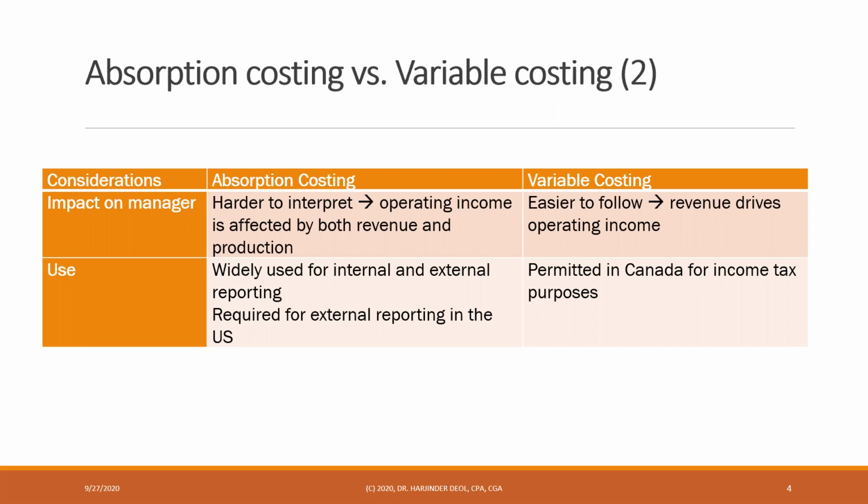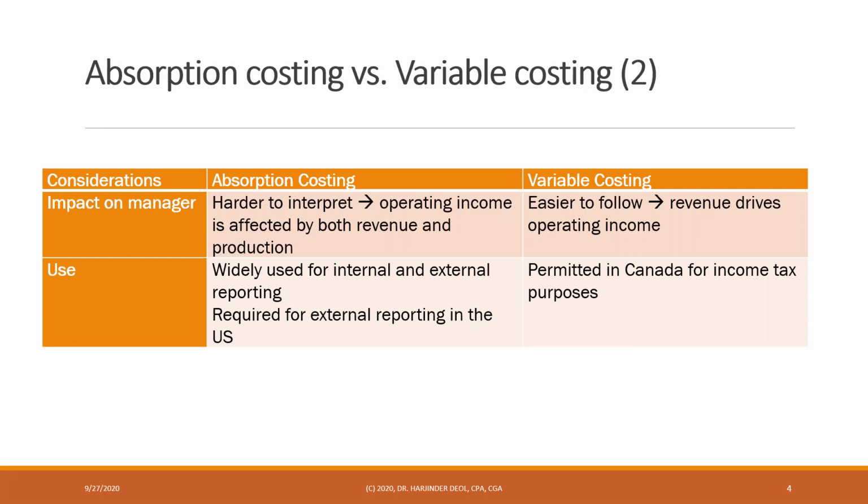Under the absorption method, what the managers technically could do in order to increase the profit is to bump up production, but the sales haven't changed. In absorption costing, because the fixed cost does get deferred to your inventory at the time it is produced, it will give you better operating income. So absorption costing is widely used.